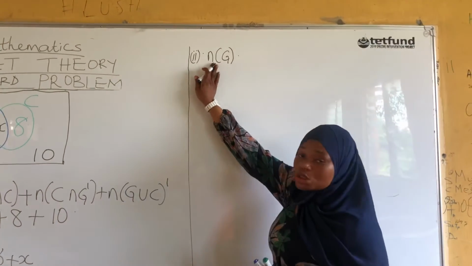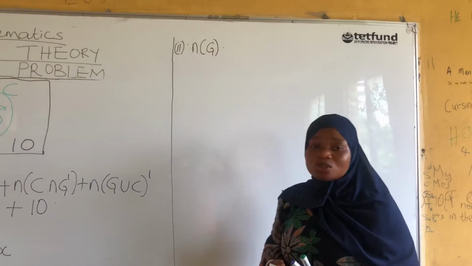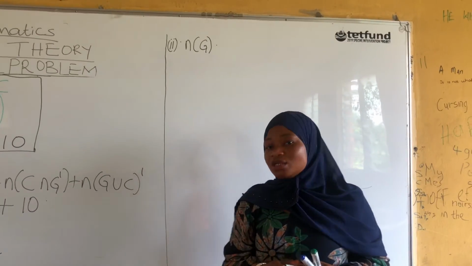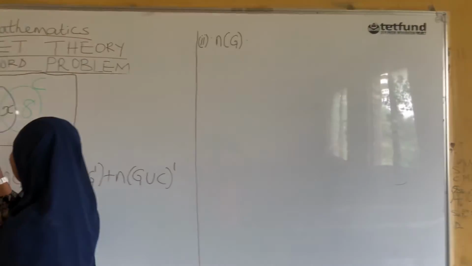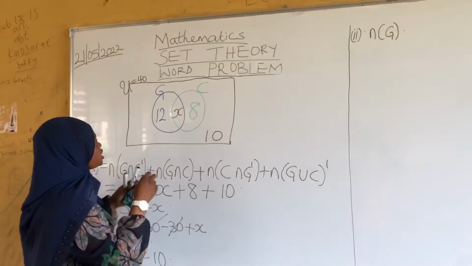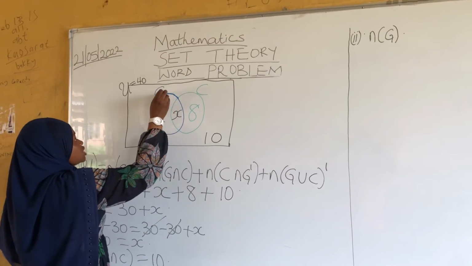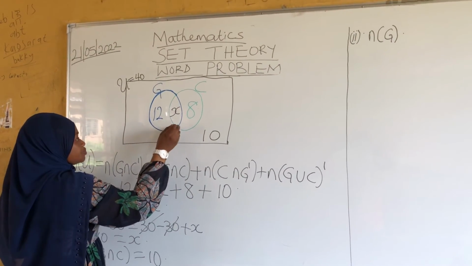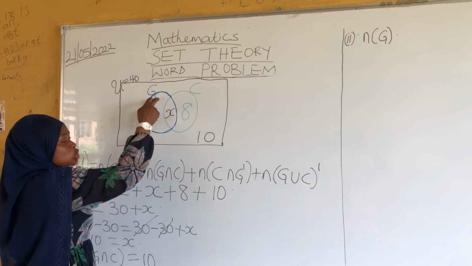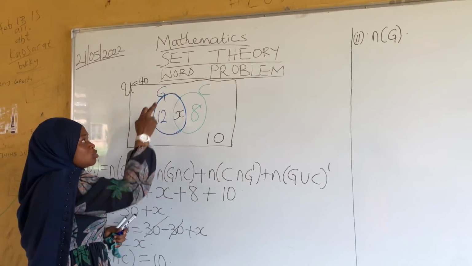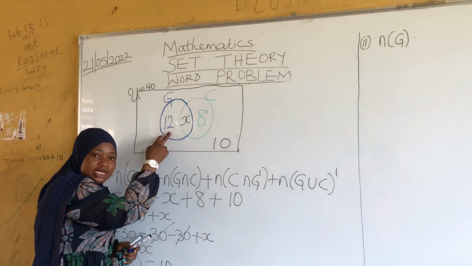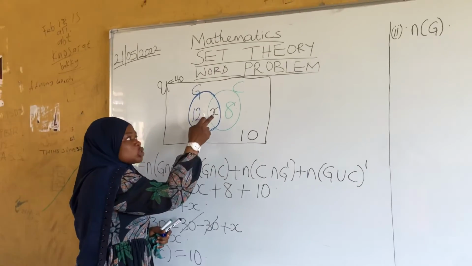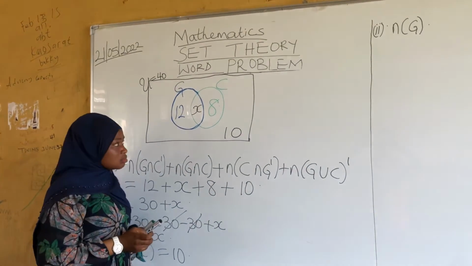So number 2, we were asked to find those that have traveled to Ghana. And those that have traveled to Ghana will be this circle, this blue circle, those that have been to Ghana. Those will be those that have been to Ghana only, plus those that have been to Ghana and Cameroon.